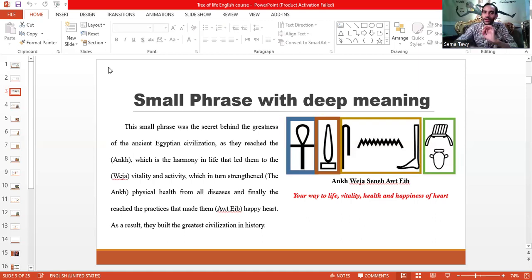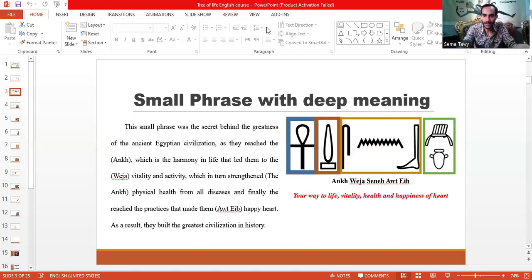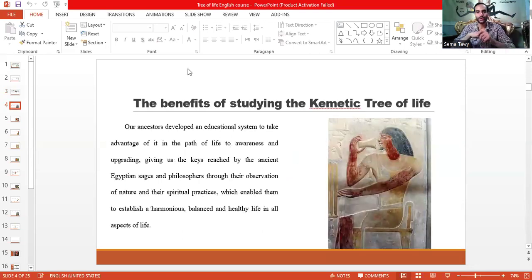So we will learn all about the ways to live our life in harmony, in activity and vitality, in health, in happiness. So let's start with the benefits of studying the Kemetic tree of life.